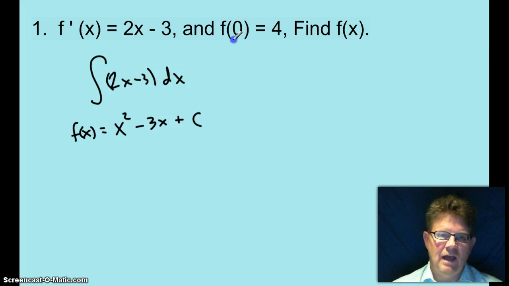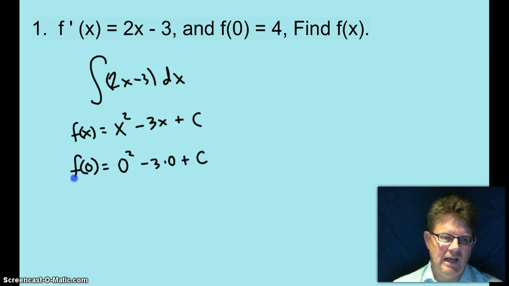That's what f of x equals. And you're told that f of 0 equals 4. So f of 0 equals 0 squared minus 3 times 0 plus c. But you're told that f of 0 is 4, so replace with a 4 there also. 4 equals 0 minus 0 plus c. 4 equals c.